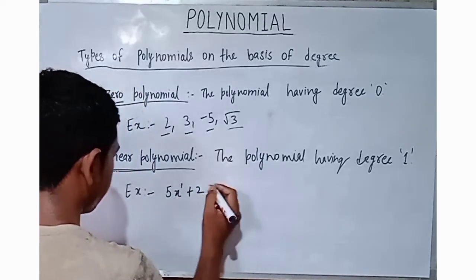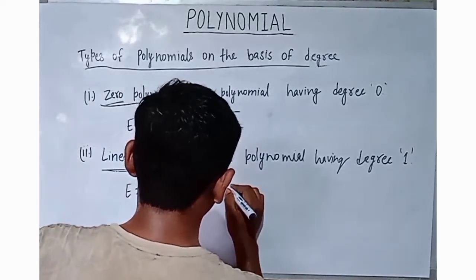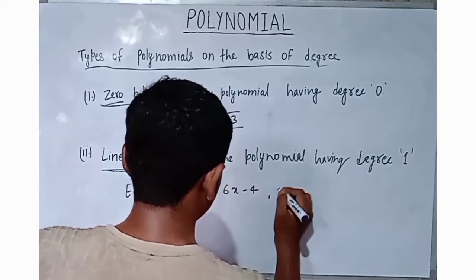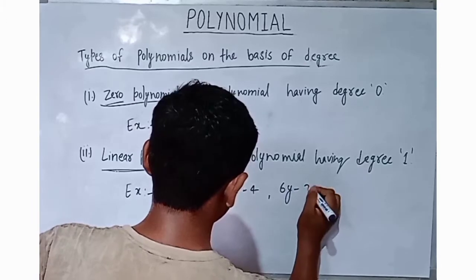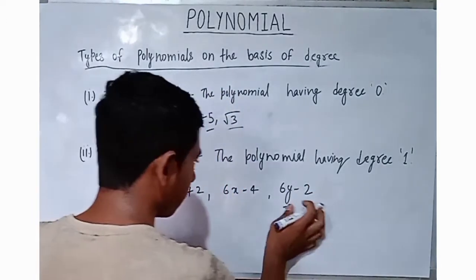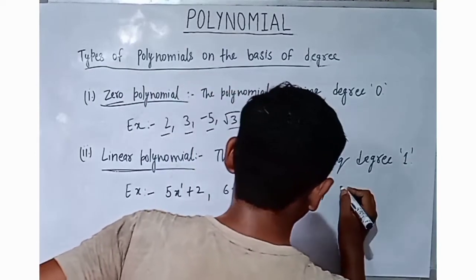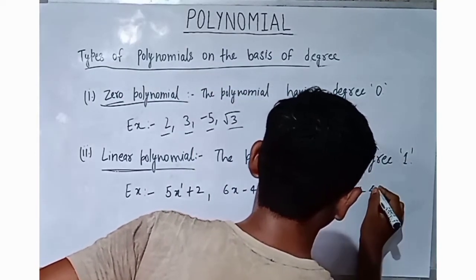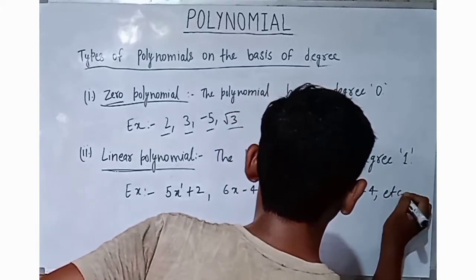So it is an example of a linear polynomial. Or say 6x minus 4, 6y minus 2. It can be any variable. 5x plus 4, etc.